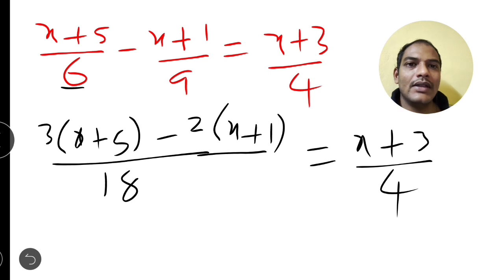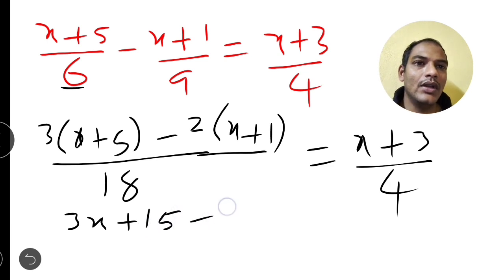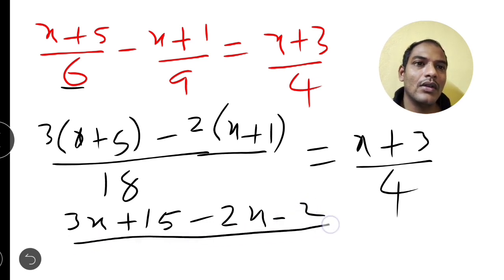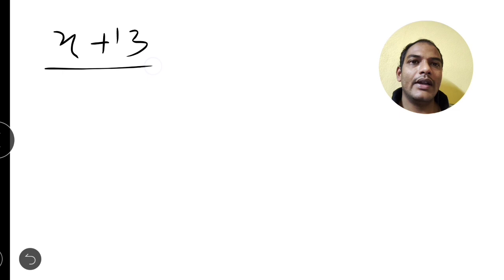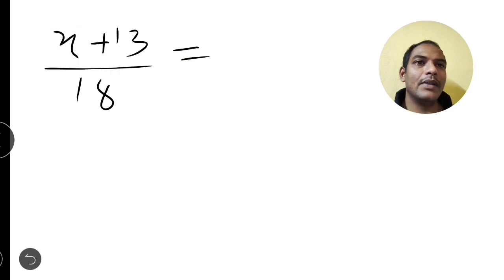Now 3 multiply inside: 3 into x is 3x plus 3 into 5 is 15, minus 2 into x is minus 2x, minus 2 into plus 1 is minus 2, divided by 18 equals x plus 3 divided by 4. So now 3x minus 2x is just x, 15 minus 2 is 13, divided by 18 equals x plus 3 divided by 4.